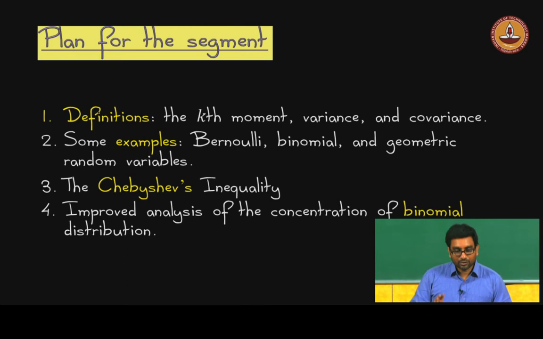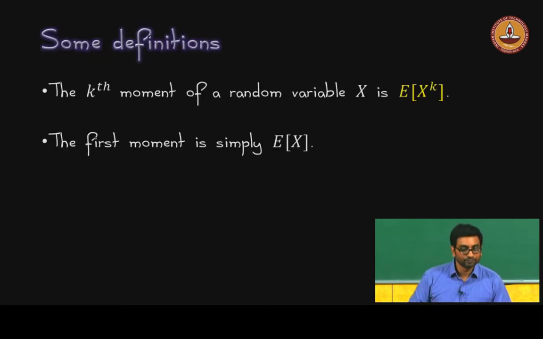We will run through some examples to understand the notion of variance and use the variance to get a better bound called the Chebyshev's inequality, and we will see that the binomial distribution is captured better by the Chebyshev's inequality. That is the goal for this segment.